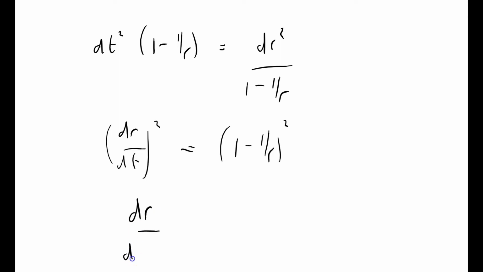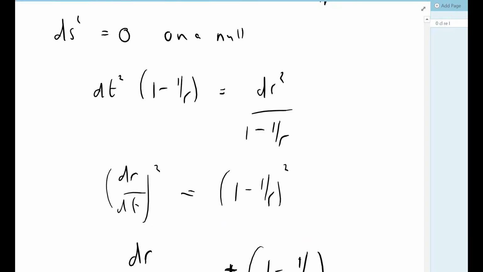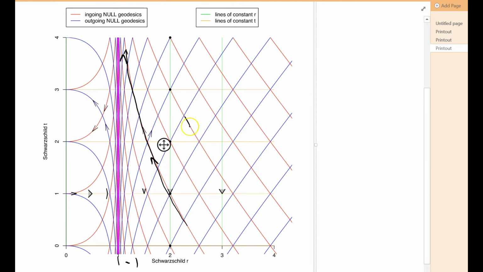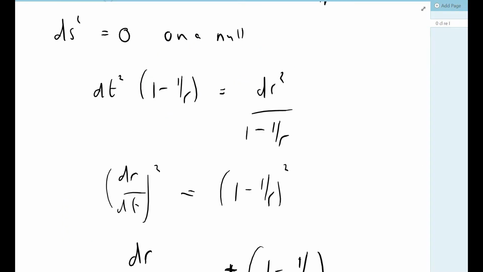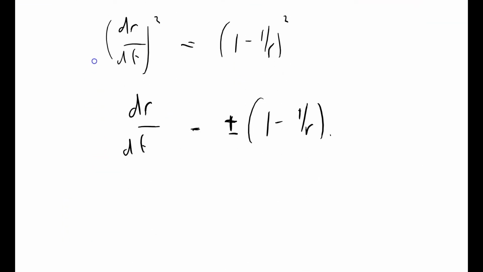So dr by dt equals plus or minus (1 minus 1 over r). And of course the plus and minus correspond to the ingoing and outgoing light directions, so that's the red and the blue lines on this diagram here. So we're going to choose the negative one, so we're going ingoing.